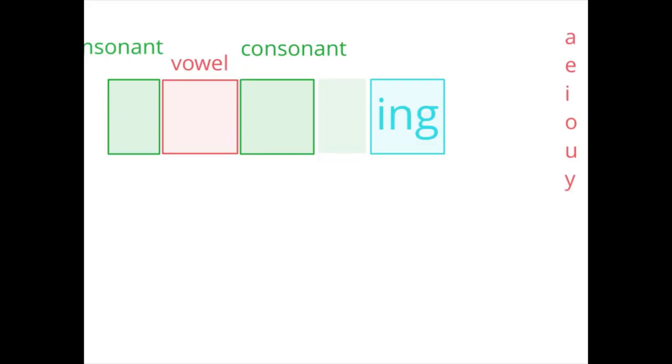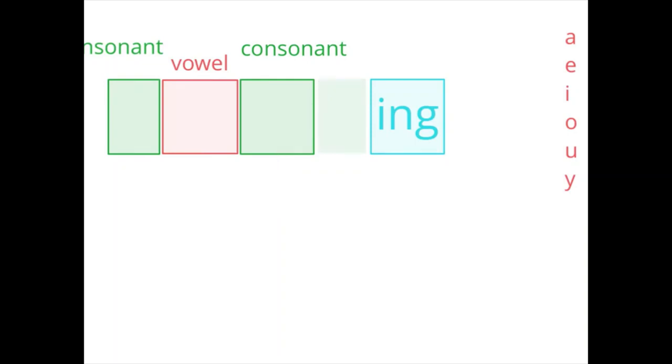It is very simple. If in our vowel box it is just one letter, that means no digraphs, and if in our last consonant box it is just one letter, no digraphs, no blends, then we will double the final consonant. That's it. So let's try it out.